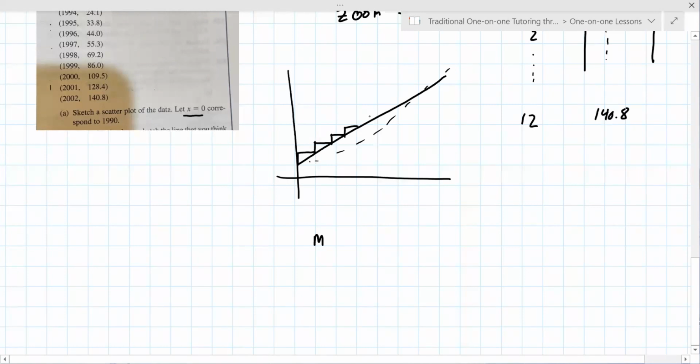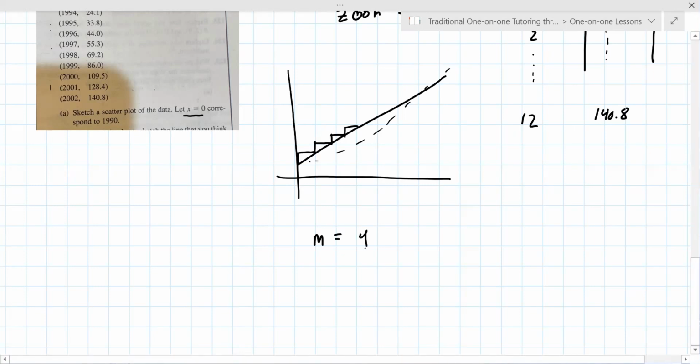And that's what they're trying to get you to figure out there. So you could probably reasonably guess the slope here. We can also calculate it with a couple of data points. Like we can use the first and the last if you want.